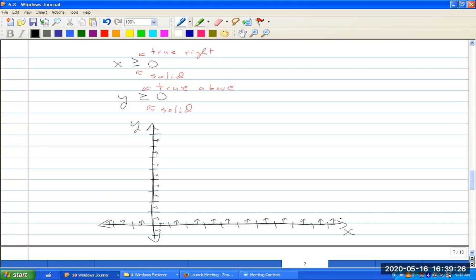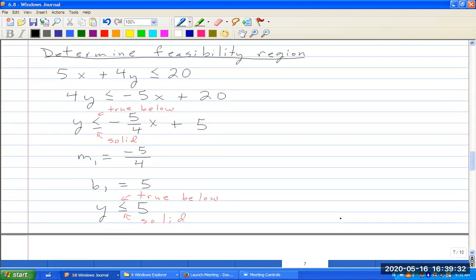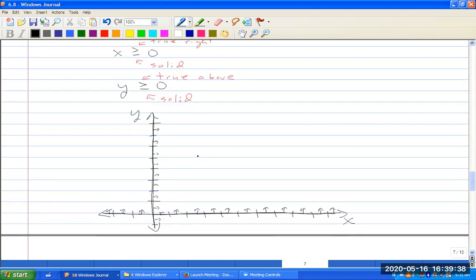I think also y was less than or equal to 5. So 1, 2, 3, 4, 5. Even though it's not, it should be solid.